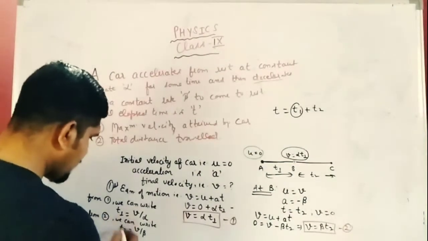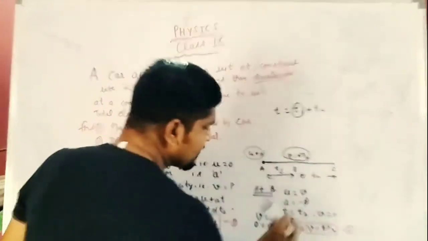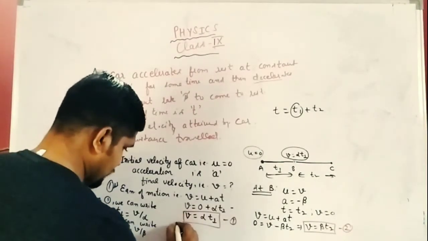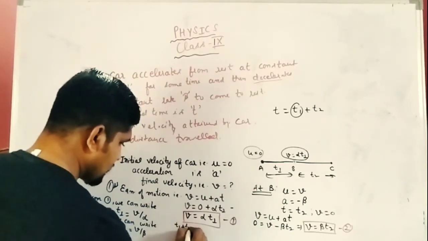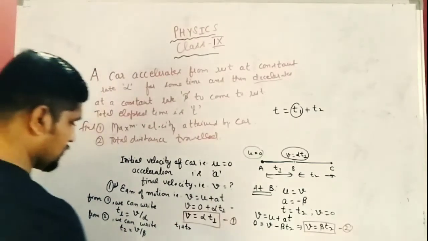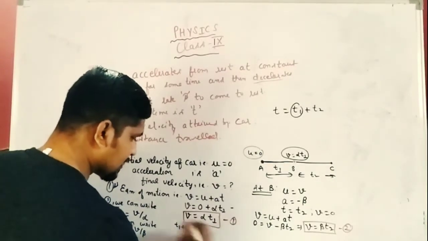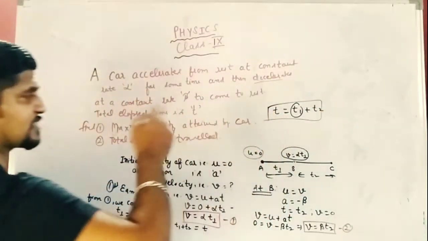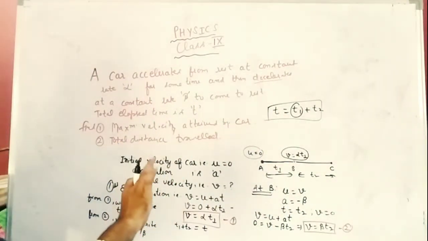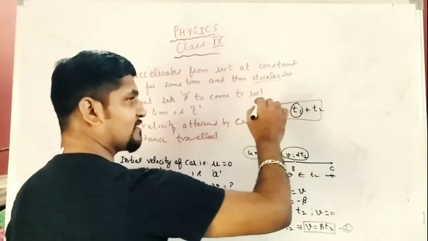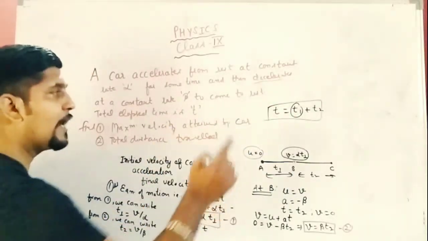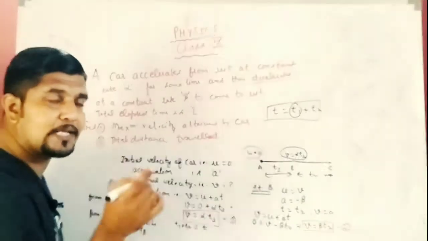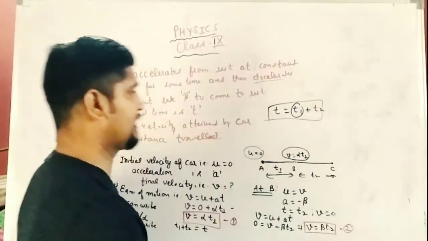Because the total time taken is t1 plus t2, let us add t1 plus t2. It will be equal to how much? T. Because here we have written that the total elapsed time T is divided into two parts, t1 and t2. t1 is the time taken while accelerating from rest at a constant alpha, and t2 is the time taken by the car while decelerating at a constant rate beta and coming to rest.